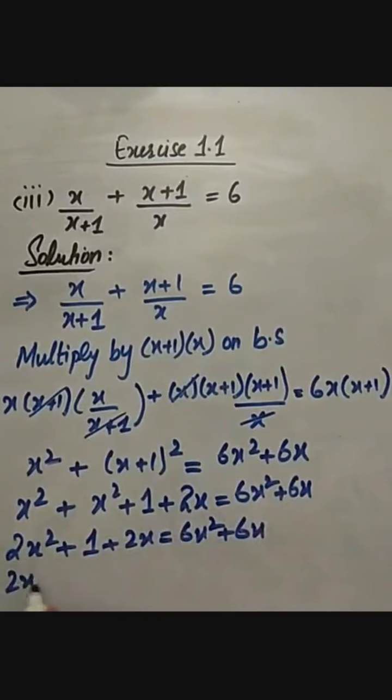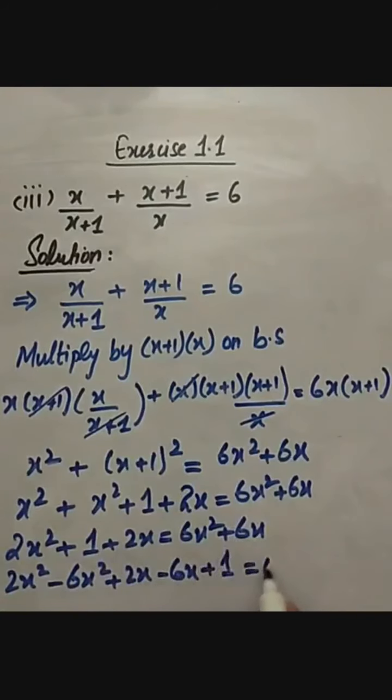Now combining all the terms, 2x square, put these two terms on the left side. 2x square minus 6x square plus 2x, this plus 2x, this minus 6x, and plus 1 is equal to 0. Plus minus minus 6 minus 2 is 4x square.